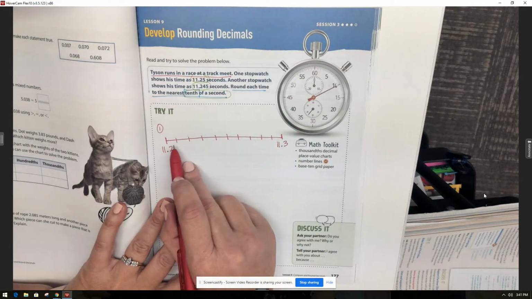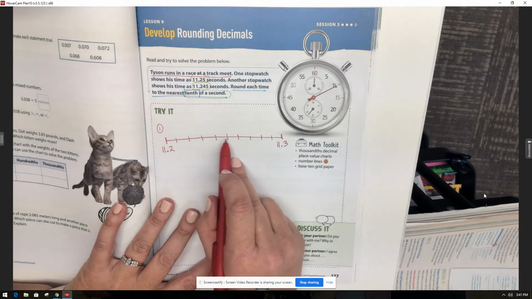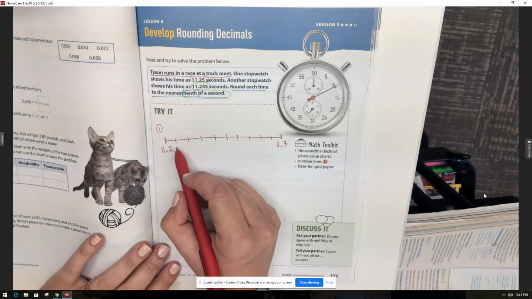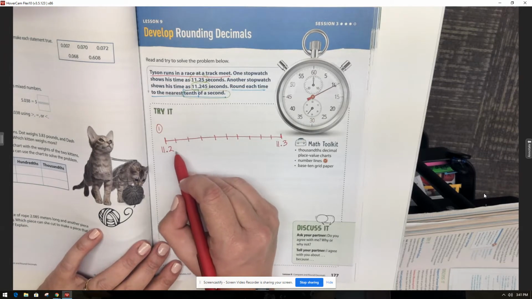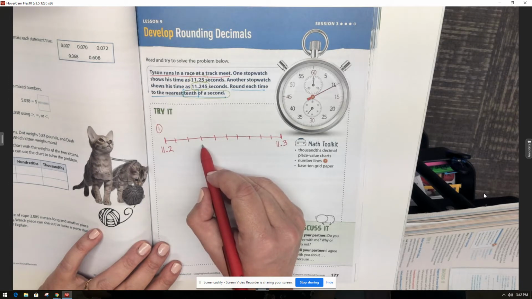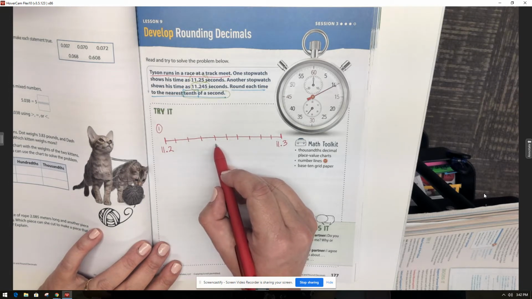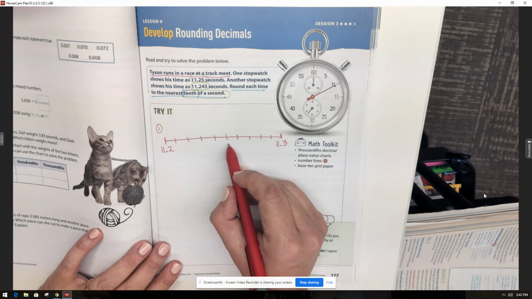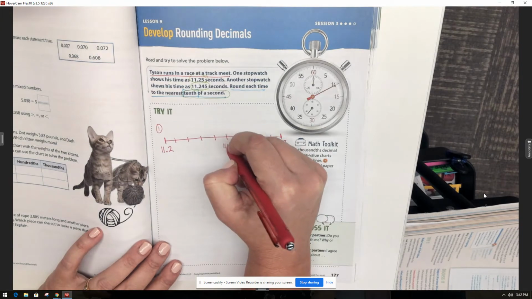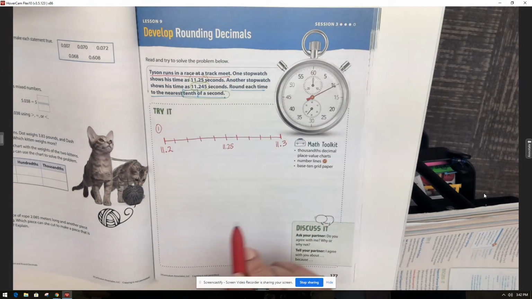When I do that, each of these tick marks is actually going to represent 1/100th. So this would be 11 and 21 hundredths, 11 and 22 hundredths, 11 and 23 hundredths, 11 and 24 hundredths. And then right here, right in the middle, is 11 and 25 hundredths.